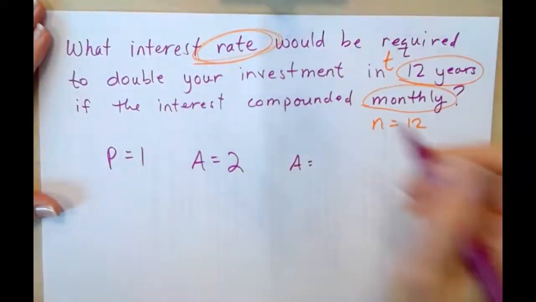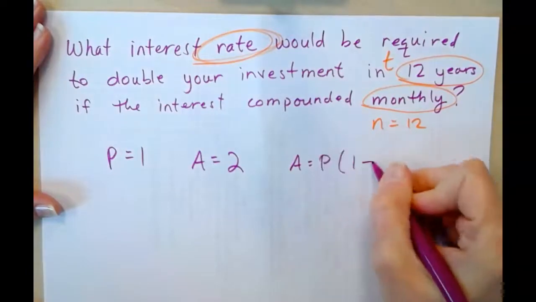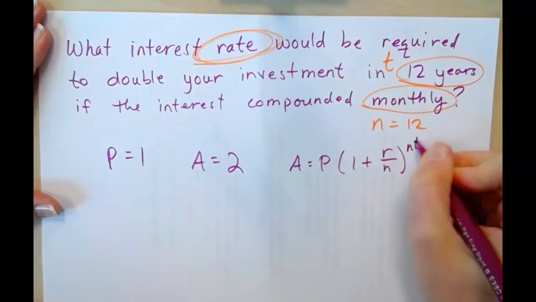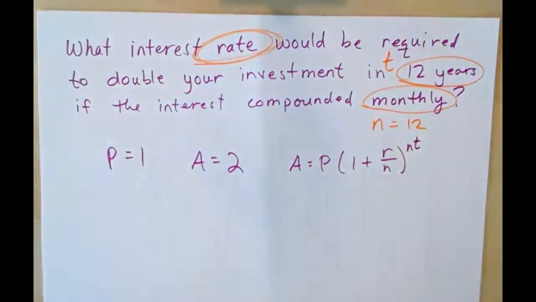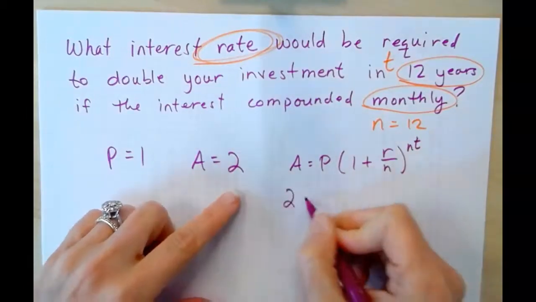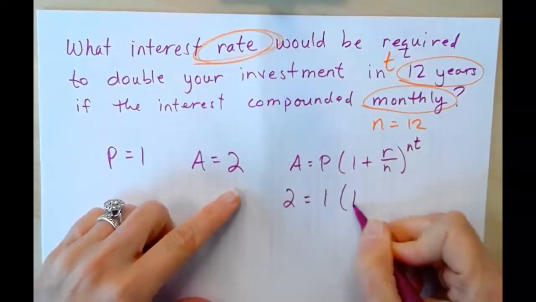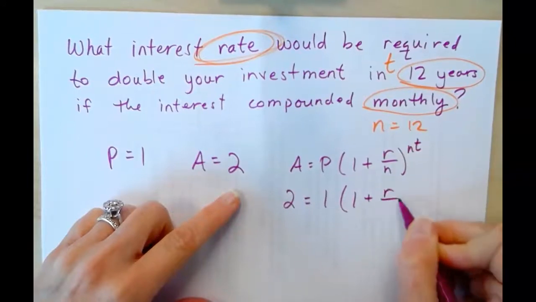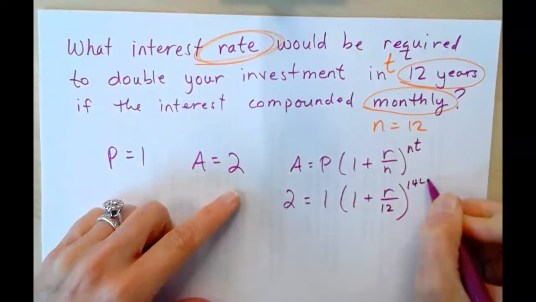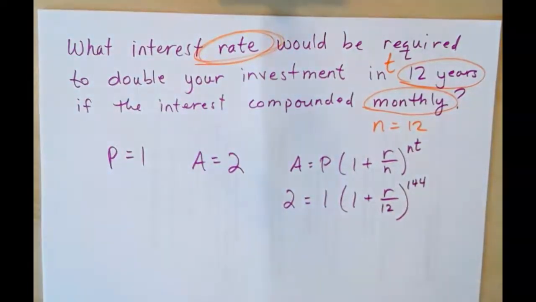It is A equals P times (1 plus R over N) to the NT. We are after R. So here goes. A equals 2, P equals 1, (1 plus R over 12) to the 144th power. Does that make sense, guys?